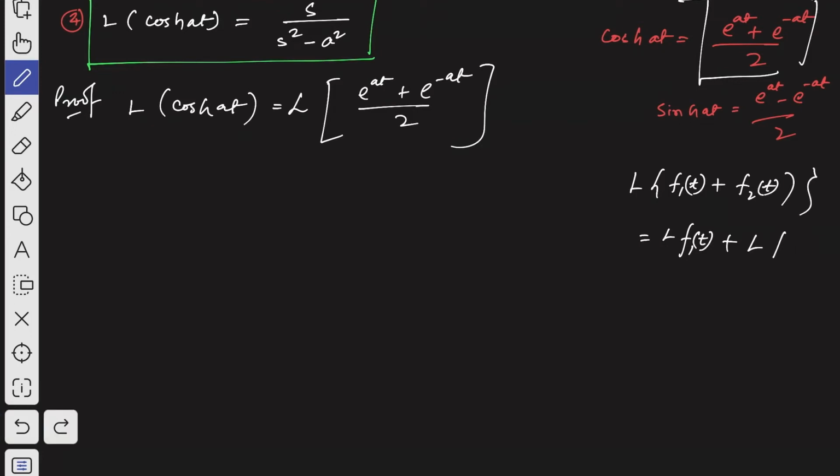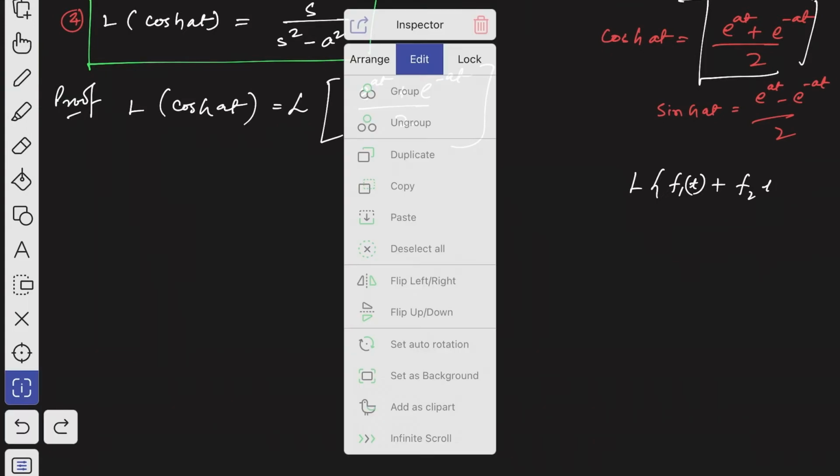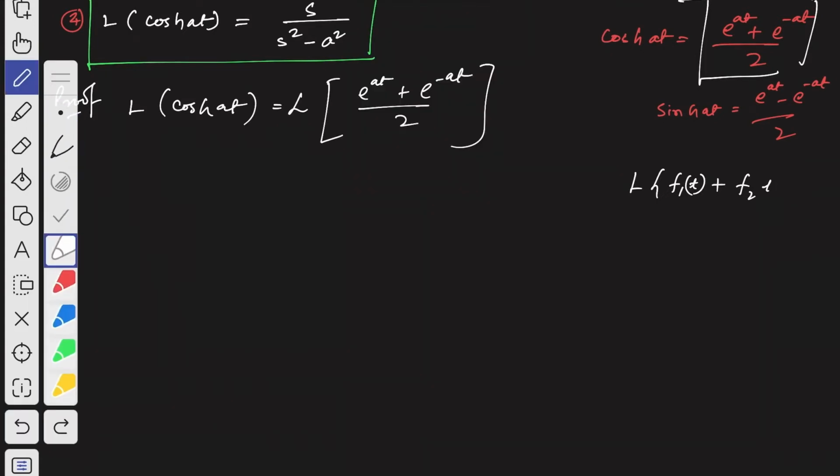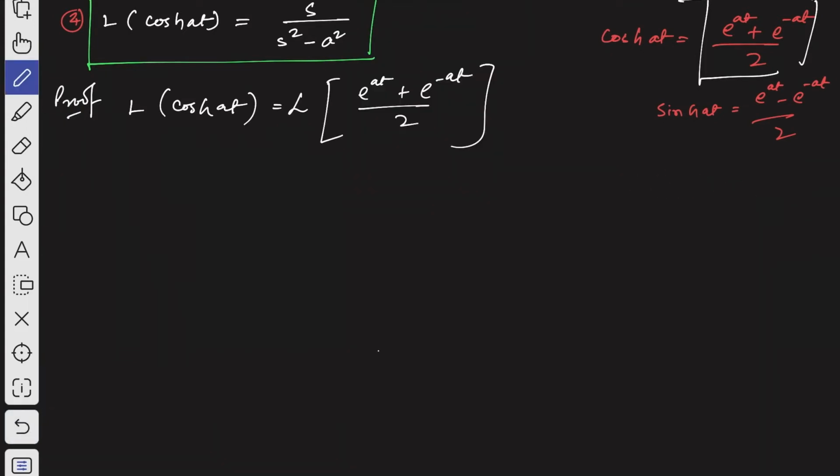So similarly here also, let me clean this first. We can write this is equal to, you can write the half outside, then Laplace transformation of e to the power at plus Laplace transformation of e to the power minus at.